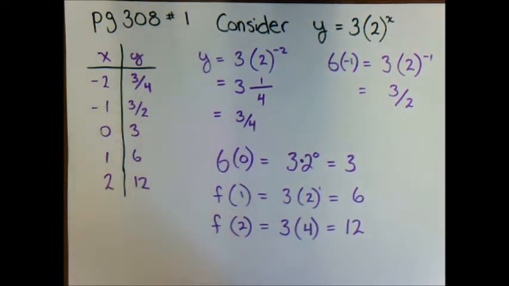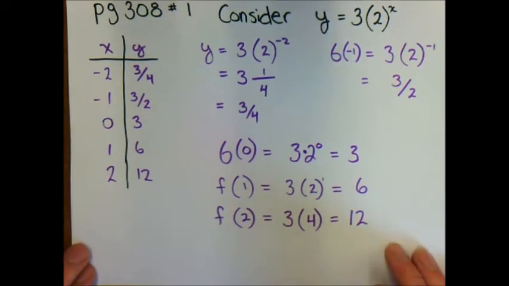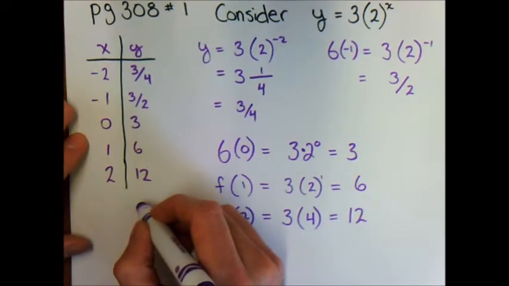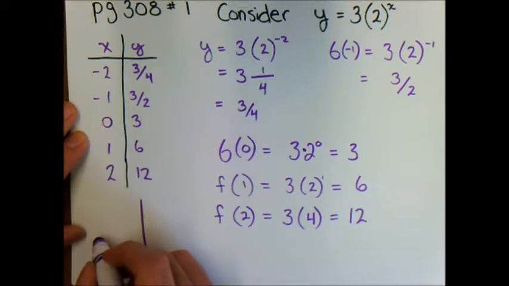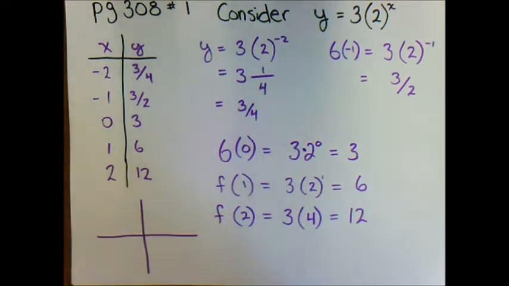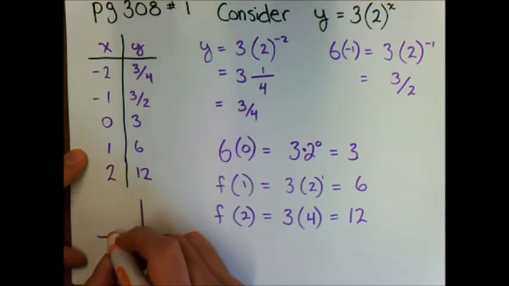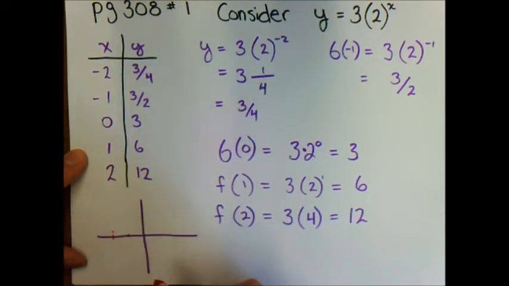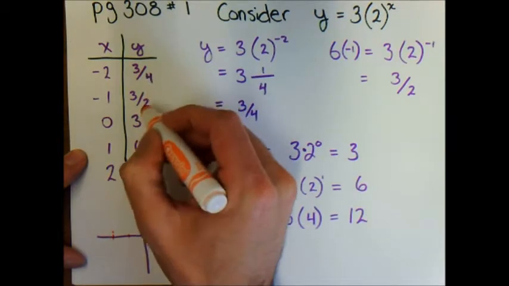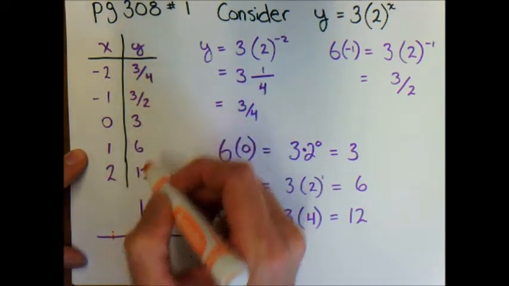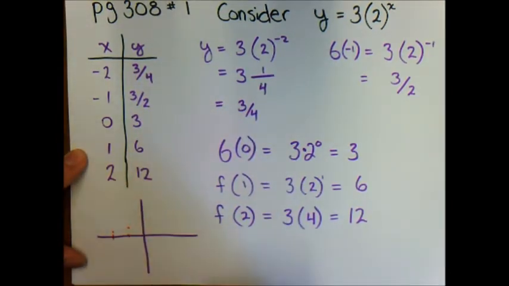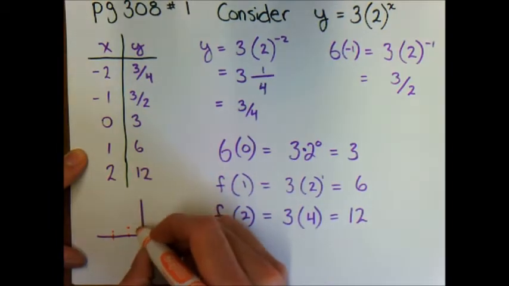So I have my table of values here, and I'm going to just squeeze my graph in right there. It's not going to be super exact, but I'm just going to plot in some values here. So over here at x equals -2, I've got 3/4, which is less than 1. And then I've got a number that's twice as big, 1.5. I'll just put it in there. At 0, we're at 3.